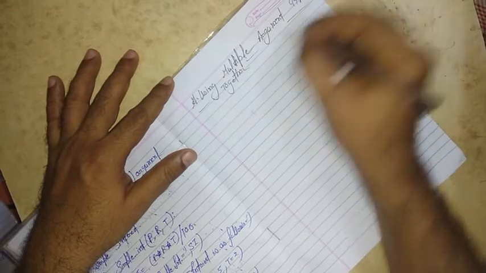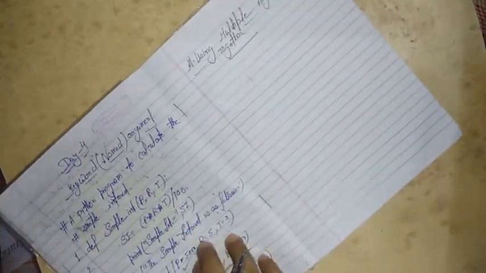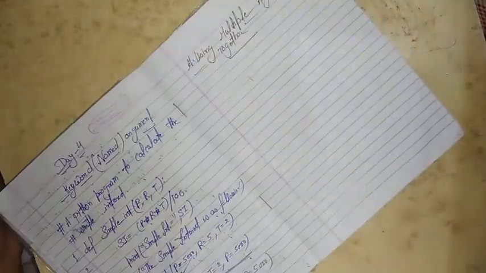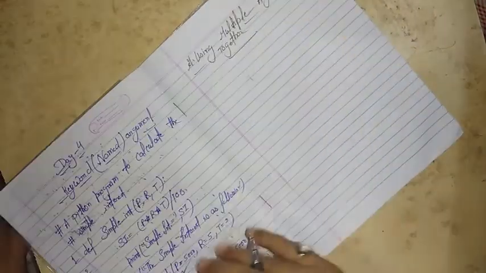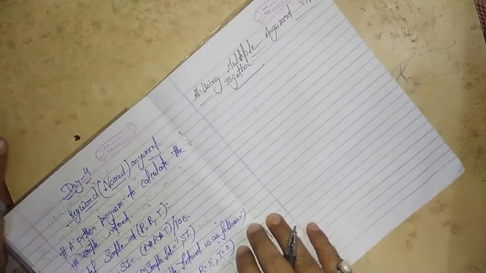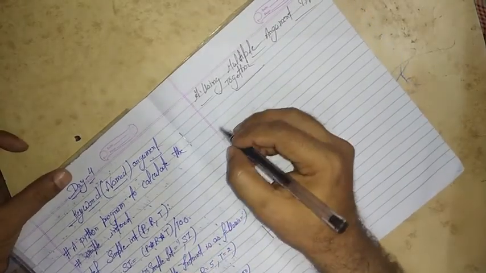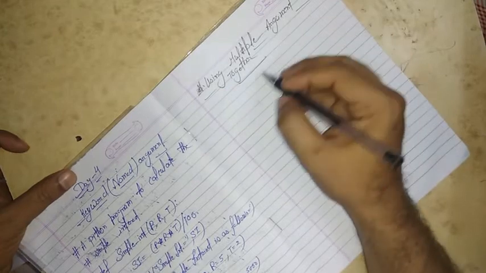That means whatever argument passing ways you have read, you can pass the arguments with a combination of all these three also. Okay, so for example, suppose I am using multiple argument types together.